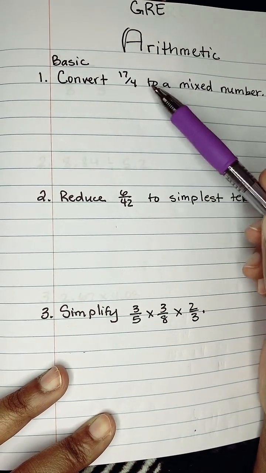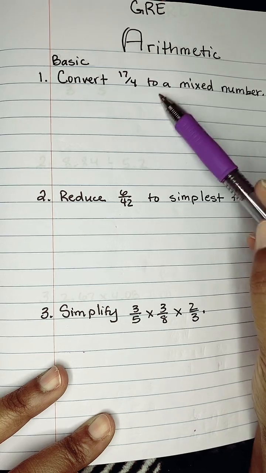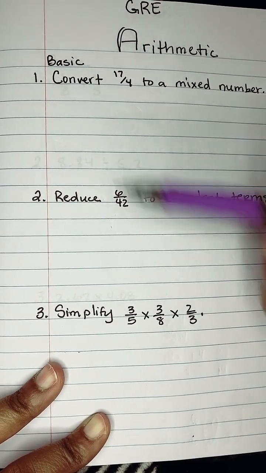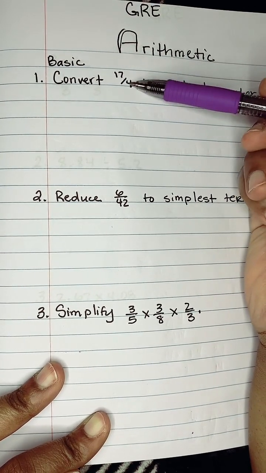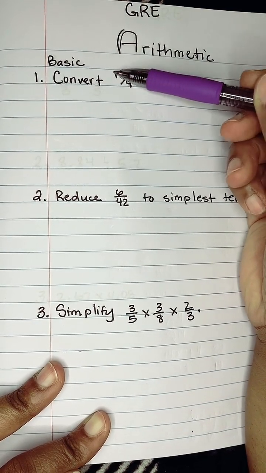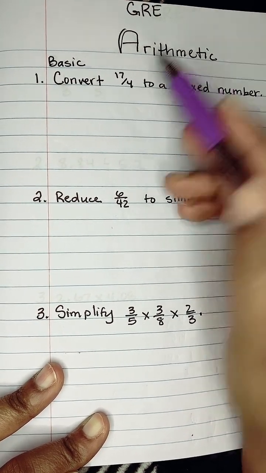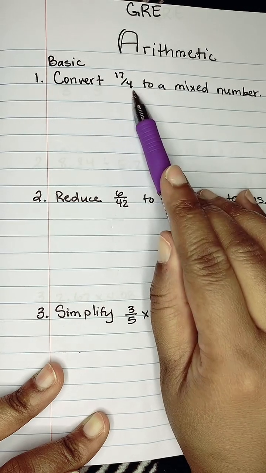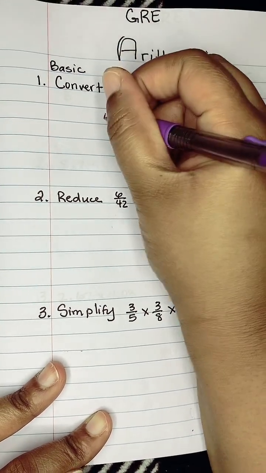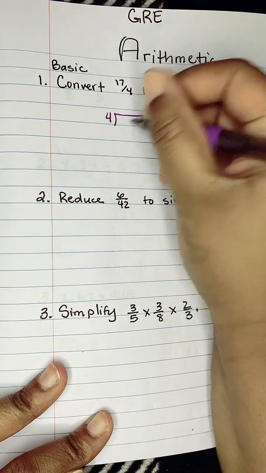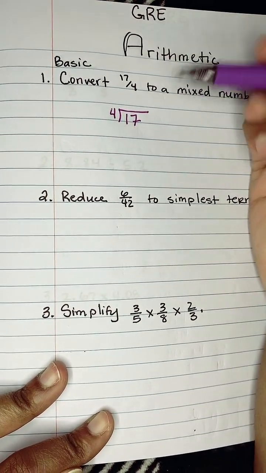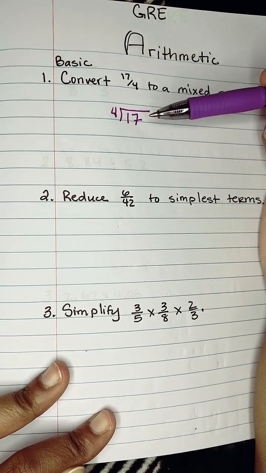So convert 17/4 to a mixed number. All right, so we have an improper fraction. That means the numerator is bigger than the denominator. And how we change this improper fraction to a mixed number is we divide it. So we ask ourselves how many 4s can fit into 17.